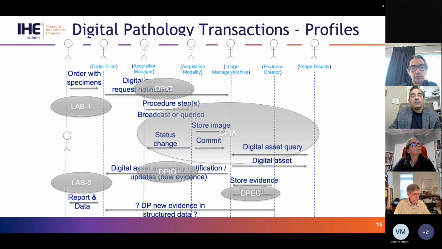What we don't have, and what these other profiles represent, are ways in which to interact between information systems to do more with that image once you've acquired it. So for example, one of our vendor partners that we're working with recognized that DPIA doesn't allow a PAC system currently to be able to interact with an LIS system to pull in metadata to completely populate the DICOM metadata associated with the image data.